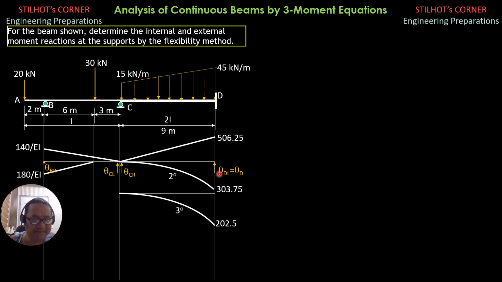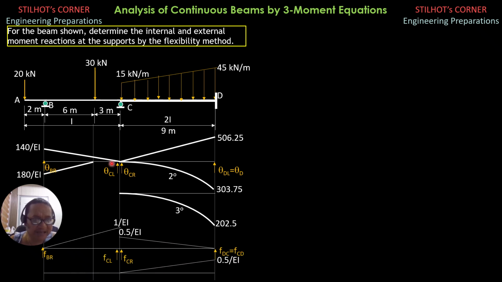So theta D left is also theta D. So to solve for theta C left, considering BC, we sum up moments about B. So theta C left times 9 plus 1 half of 9 times 140, just as imagine EI is 1, times moment arm 3 equals 1/2 of 6 times 180 times moment arm 2. Again, that's the moment diagram by parts.